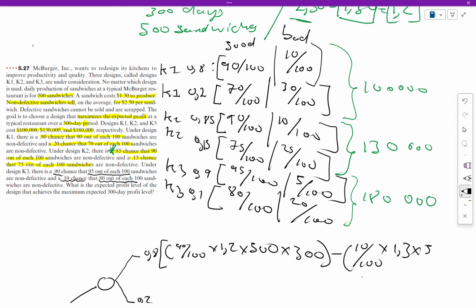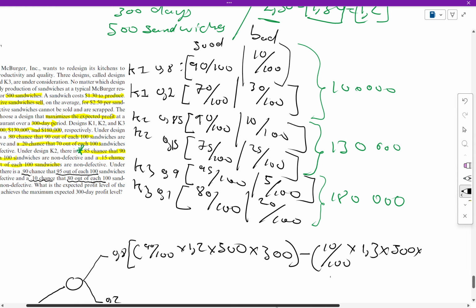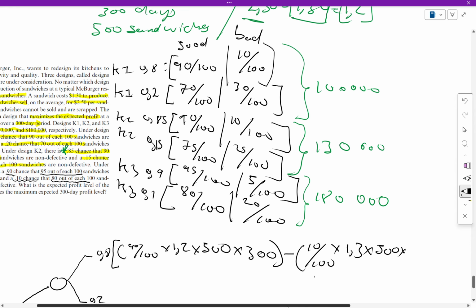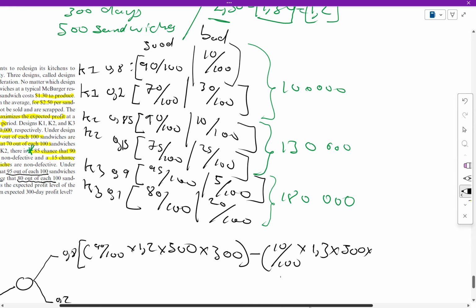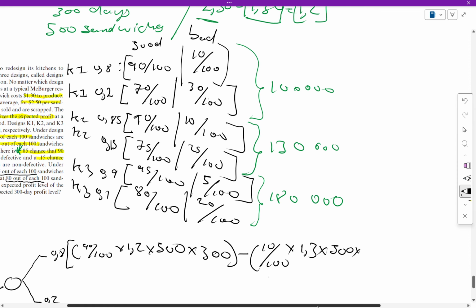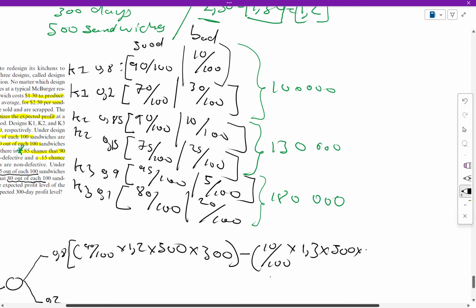1.3 multiplied by 500 multiplied by 300 minus 1 million, 100,000.